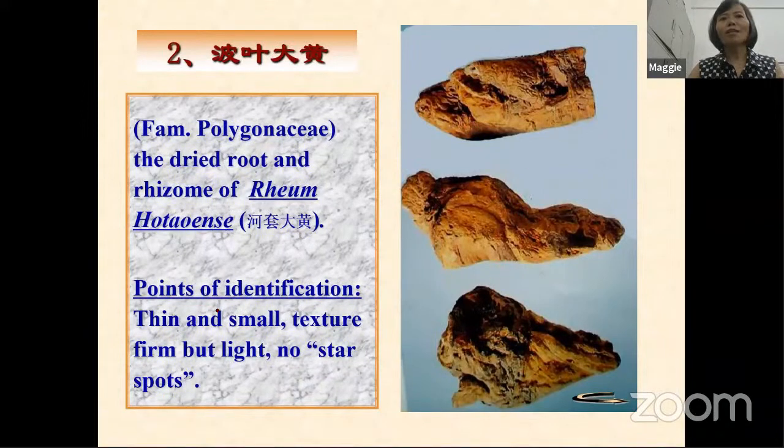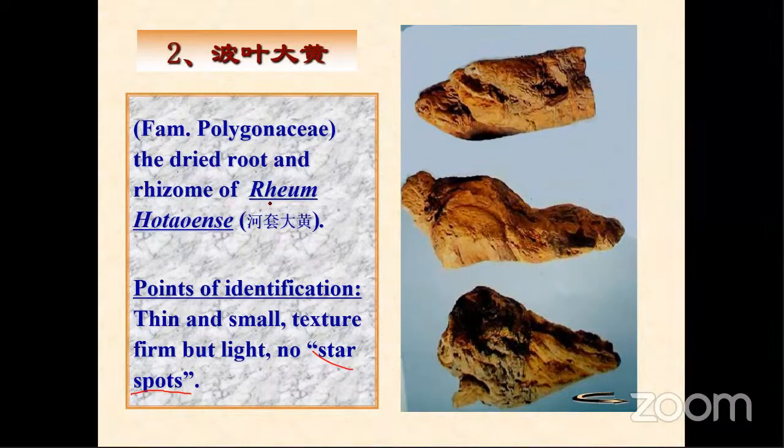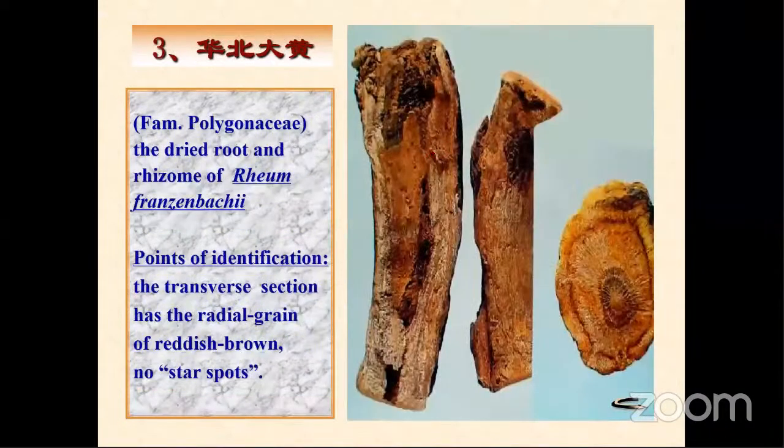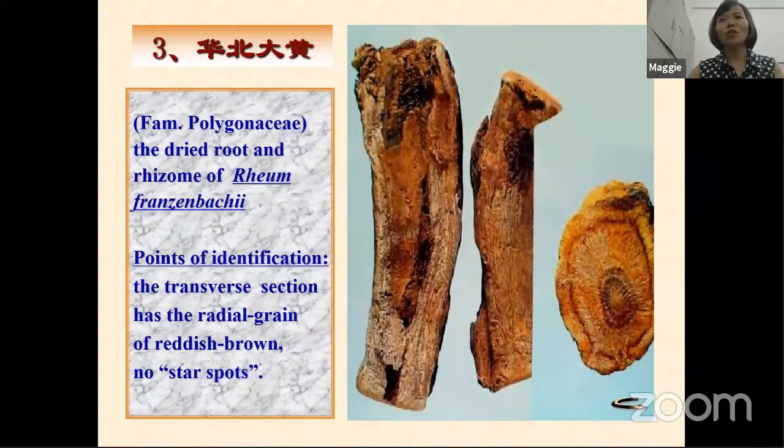The point of identification: thin and small texture but light, and no star spots. We know from the microscopic characters that there are many star spots in the pith, but in this adulterant there are no star spots. So it indicates this crude drug is fake, not genuine rhubarb. Next one. Look at the picture. Where is the pith?